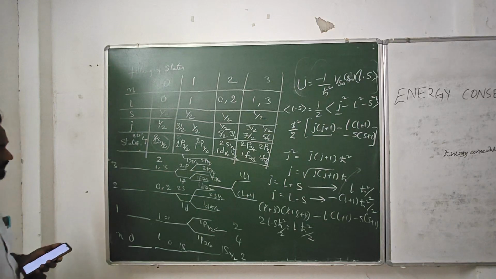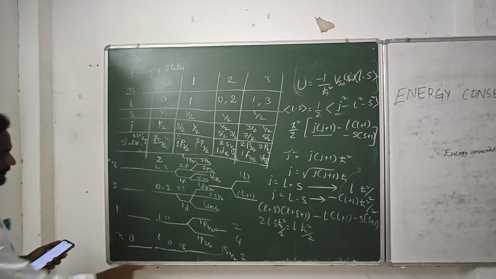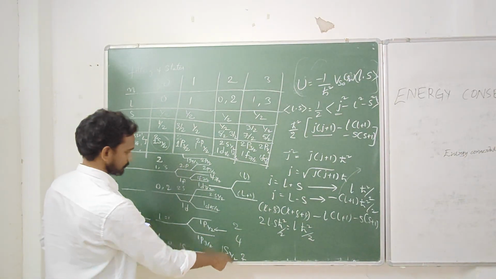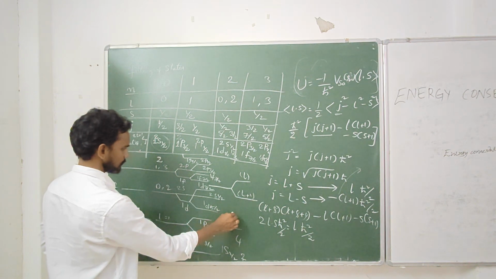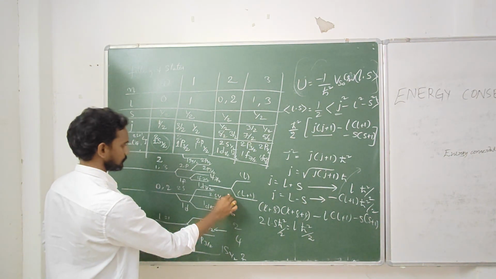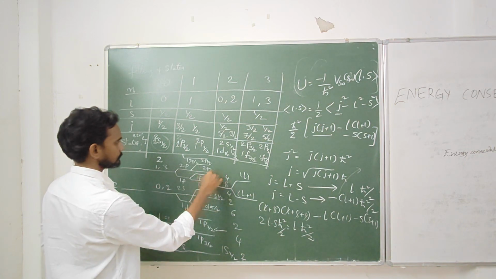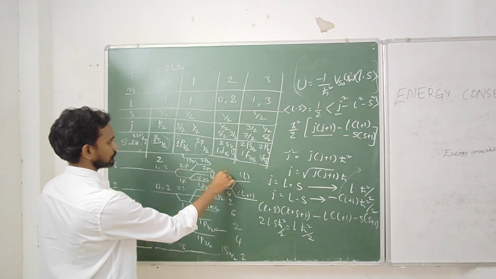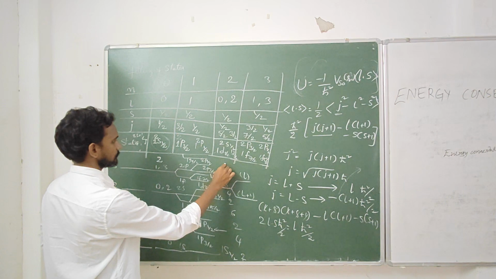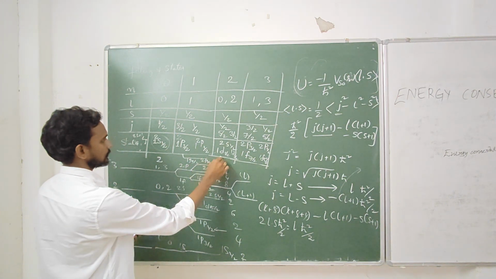So there will be 2j plus 1 degeneracy. So this is 4, this is 2, here it is 2, and 6, 2, 4, 8, 4, 4, 2, and 10.